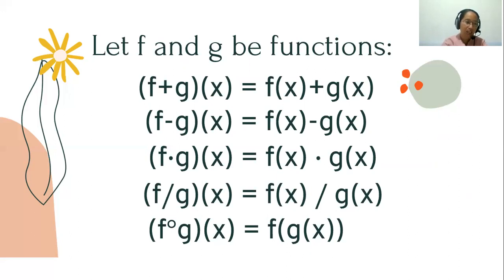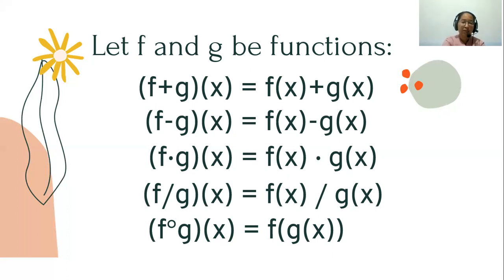Meaning to say, if you are asked to find the sum of two functions, f and g, we simply find the sum of the given functions. For the operation on subtraction, (f - g)(x) is equal to f(x) - g(x). So their difference is denoted by f - g.